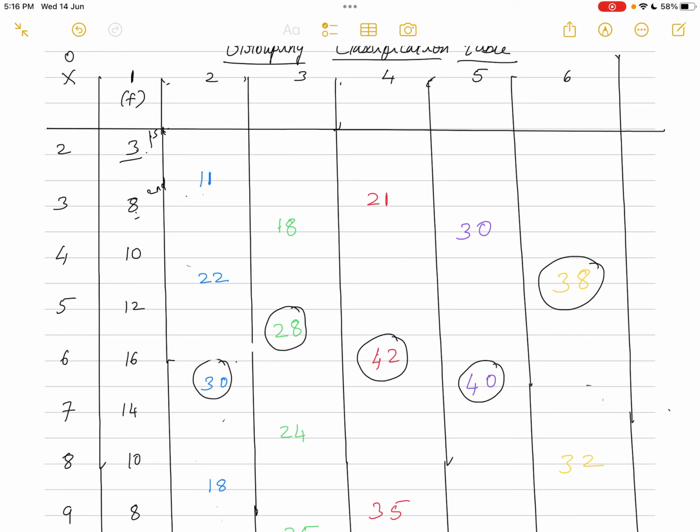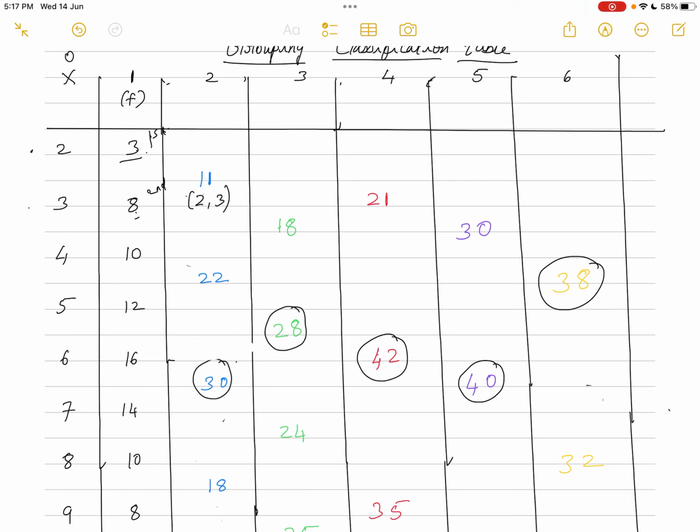So 8 plus 3 we are getting 11. That means we have added the frequency of the first row, which is 8, and the second row, which is 3. So by adding 8 plus 3 we are getting 11.